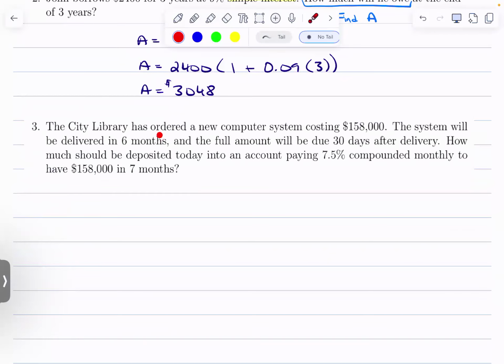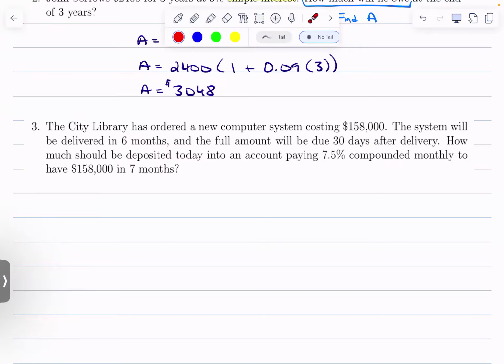How about question 3? A city library has ordered a new computer system costing $158,000. The system will be delivered in 6 months and the full amount will be due 30 days after delivery. How much should be deposited today into an account paying 7.5% compounded monthly to have $158,000 in 7 months, right?